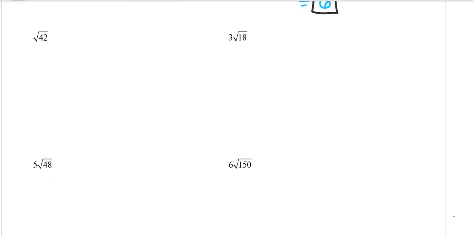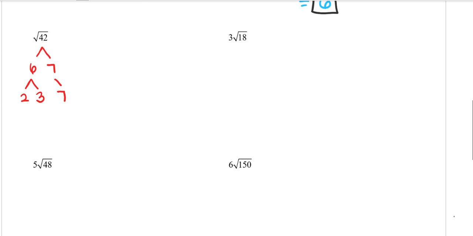Alright, I'm going to assume we've done that if we want to, so let's go through these last few examples. So we have the square root of 42, so I'm going to start out with my factor tree. 42, I could go 6 times 7, and then 6 breaks down into 2 times 3, and then the 7 comes down.